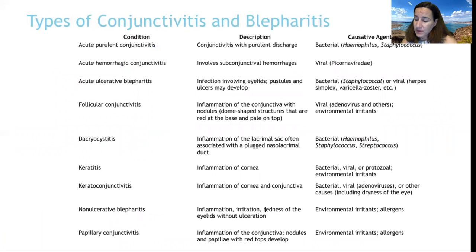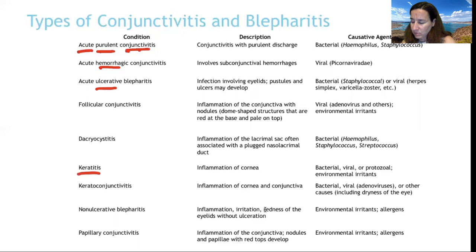Different infection types. If we see acute, that means it's going to be really strong. We already talked about what purulent means. And then the location, it's in the conjunctiva, so conjunctivitis. Ulcerative or hemorrhaging, we talked about what an ulcer was. Hemorrhaging is bleeding.